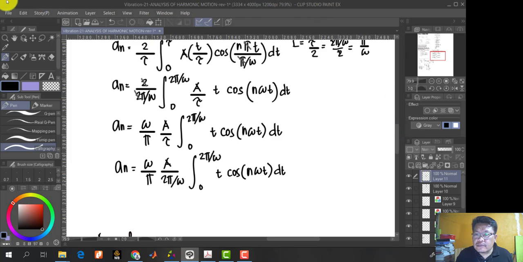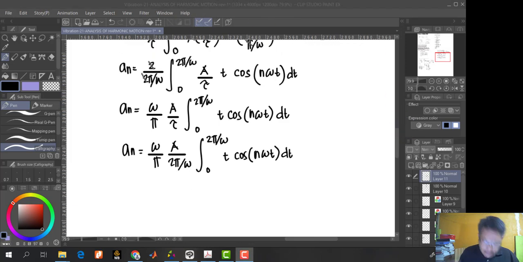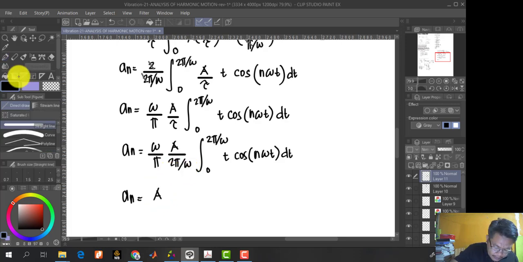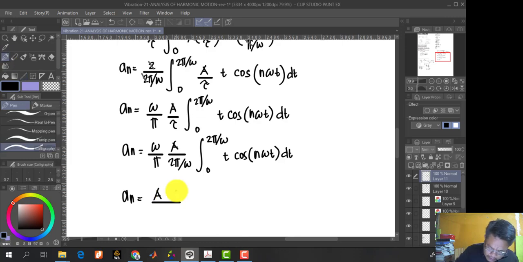Let me close this one. So again, I'm rewriting this one step by step, no? So ito, okay, akit ko na itong W. So I can rewrite here my constant dito sa harap na integration ko. So that will be angular velocity squared, and sa ilalim that will be 2 pi squared, no?